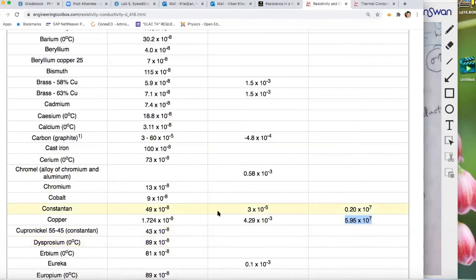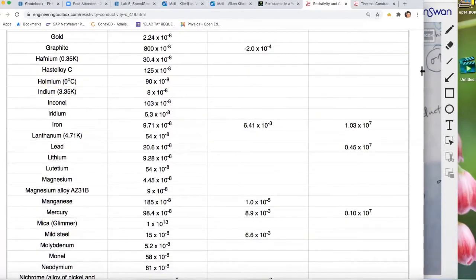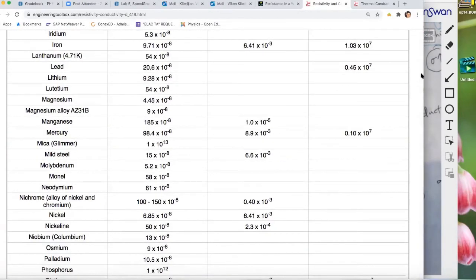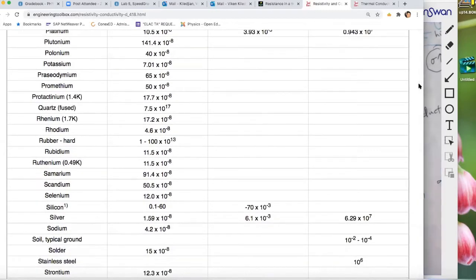And the alpha coefficient of copper is 4.29 times 10 to the minus 3. I'll tell you what that means in a second. Now if we go to a different one, I believe silver is one of the most highly conductive materials. It might even be the most.